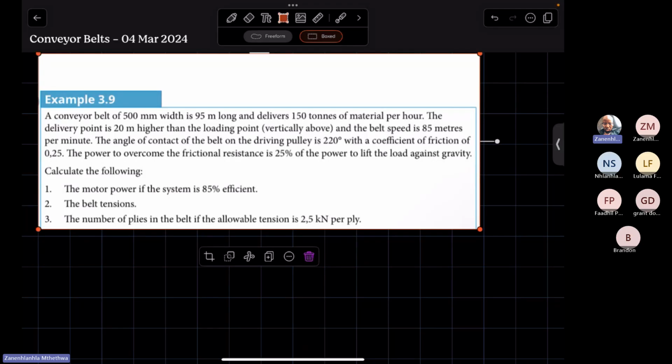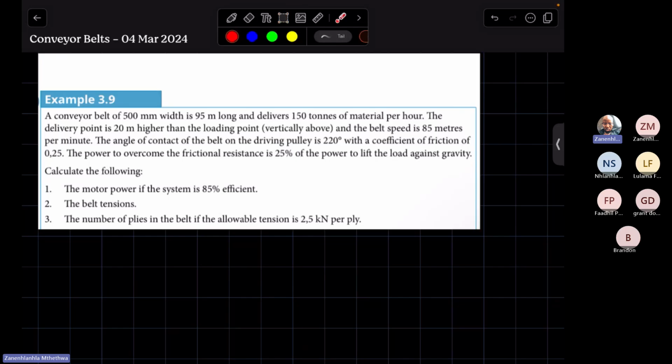All right. Can everyone see this? All right. So now we're going to look at the last section on module three, which is conveyor belts. The problem I chose touches on, I believe, everything concerning conveyor belts.